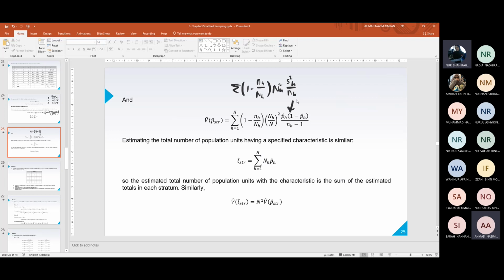Kalau sebelum ni kita guna yang ni kan, but this time if you use proportion, use this formula.